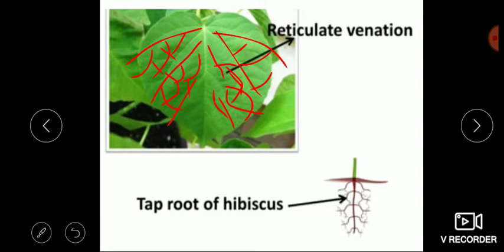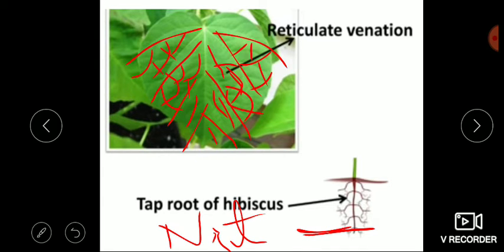It's called reticulate venation. You can see a taproot of hibiscus, and its leaf has a network-like structure.